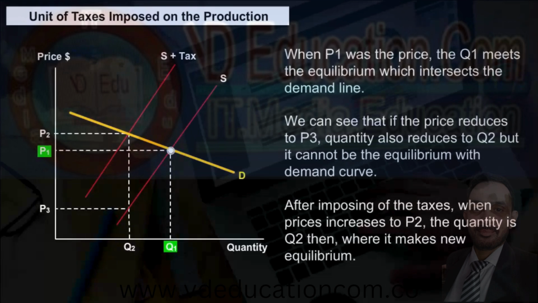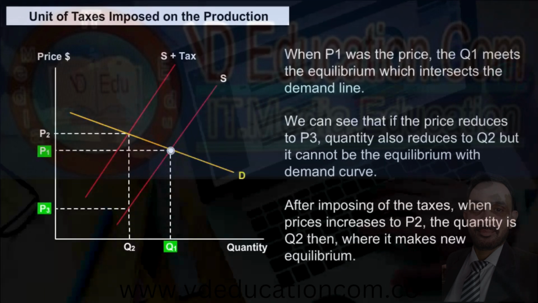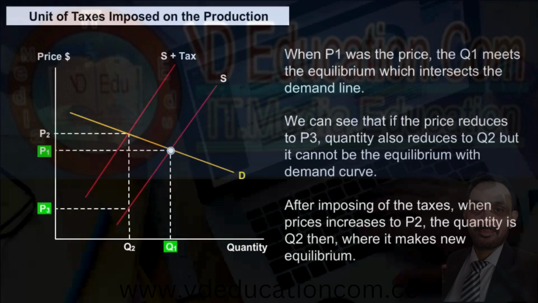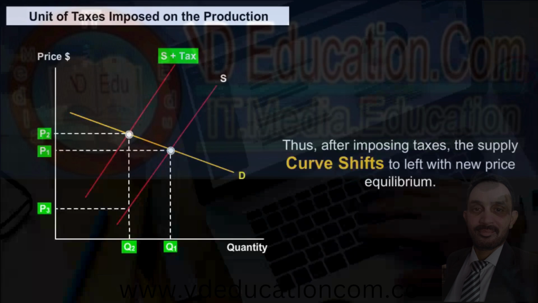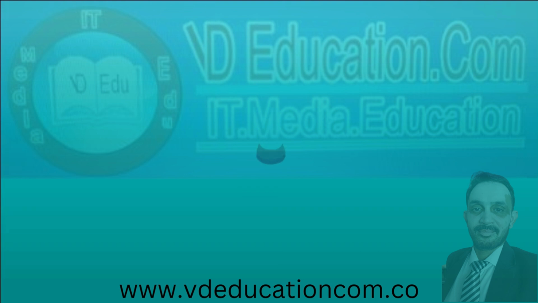If the price reduces to P3, quantity also reduces to Q2, but it cannot be the equilibrium with the demand curve. After imposing the taxes, when the price increases to P2, the quantity is Q2, where it makes a new equilibrium. Thus, after imposing taxes, the supply curve shifts to the left.